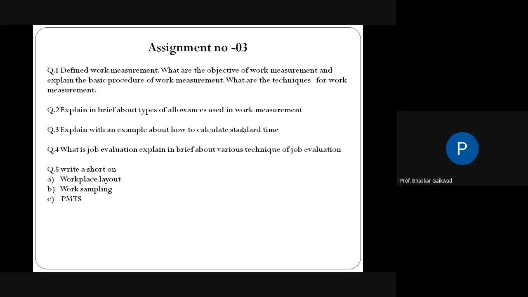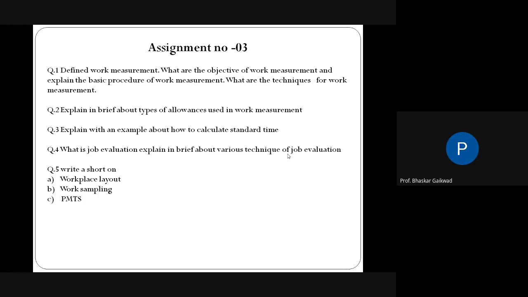You take any example and you have to decide the standard time required for manufacturing the job. Then, what is job evaluation? Explain in brief the various techniques of job evaluation. So two, three techniques are there. Out of these, which is the most important technique for job evaluation, that you have to explain in brief.